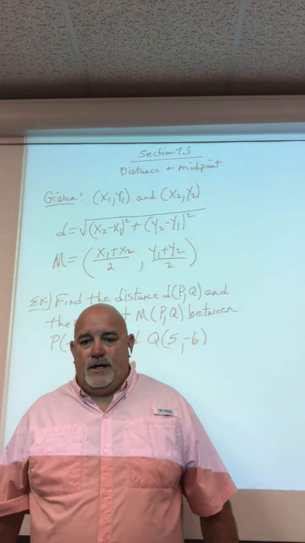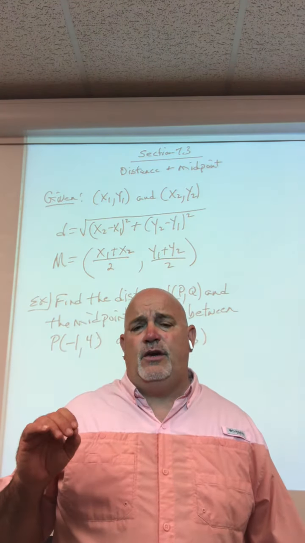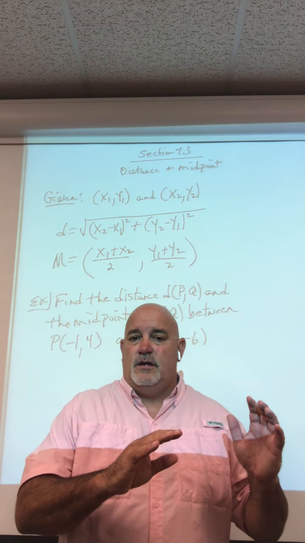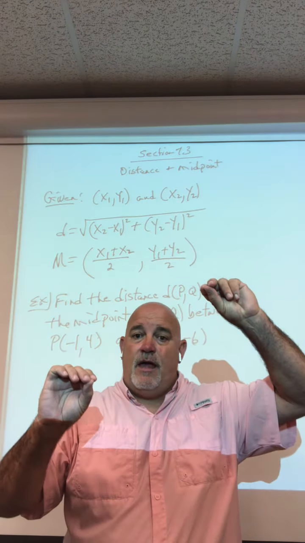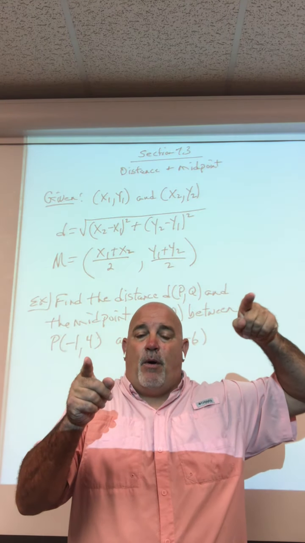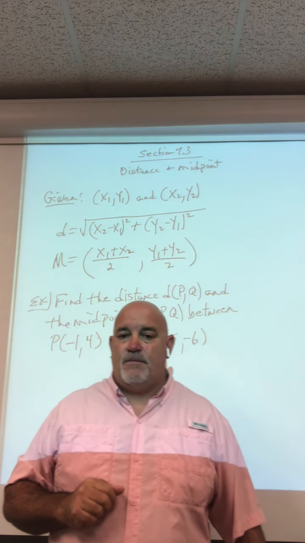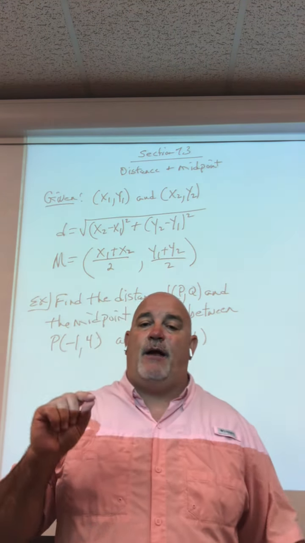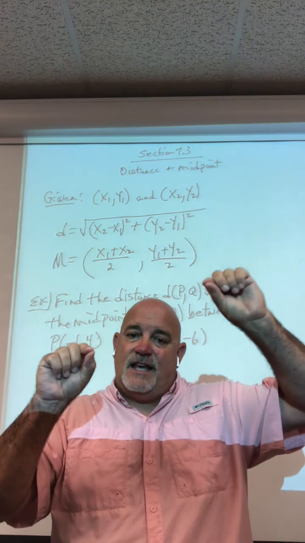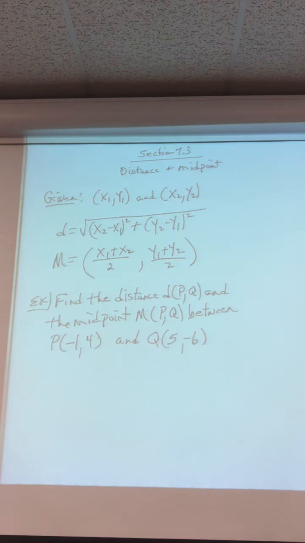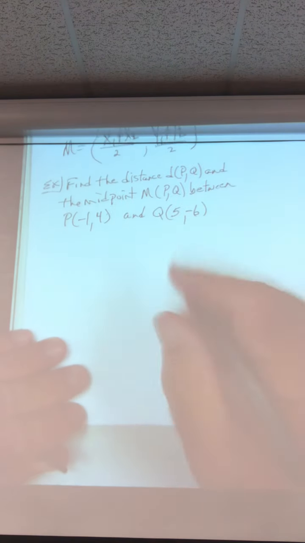Now what I want to do is show you, if I give you 2 points on a graph, how to find out how far apart they are. We call it the distance between the 2 points. Not only that, I want to show you how to find the point that is exactly halfway in between the 2. You don't have to draw this, I just want to show you.